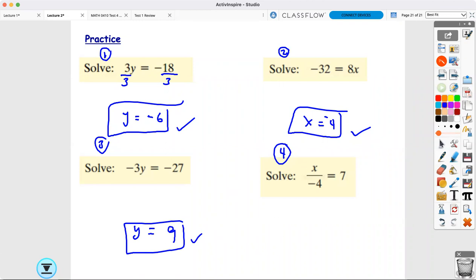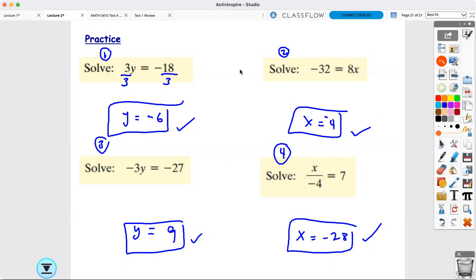Now for number 4, 4 is the trickiest one. Excellent. X equals negative 28.